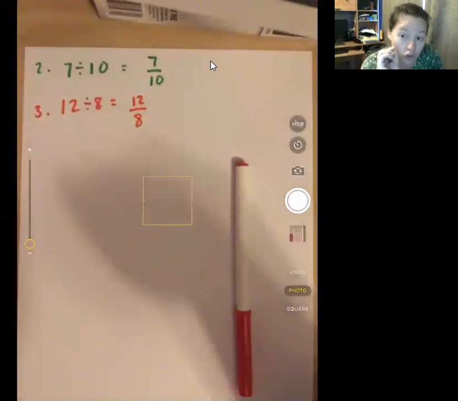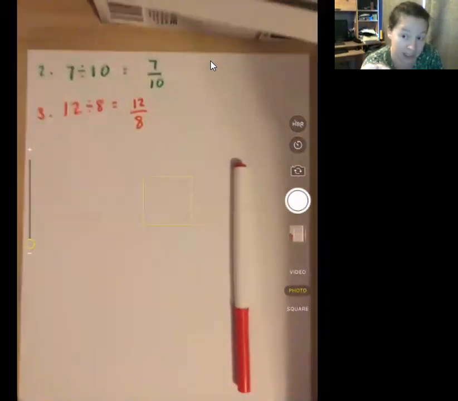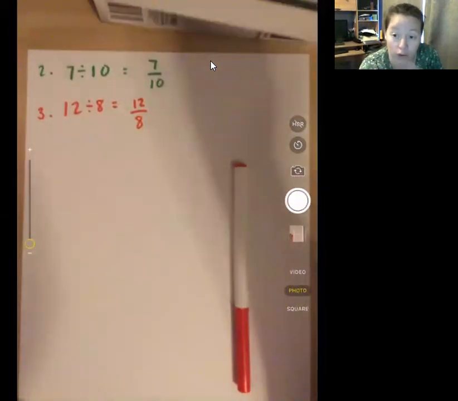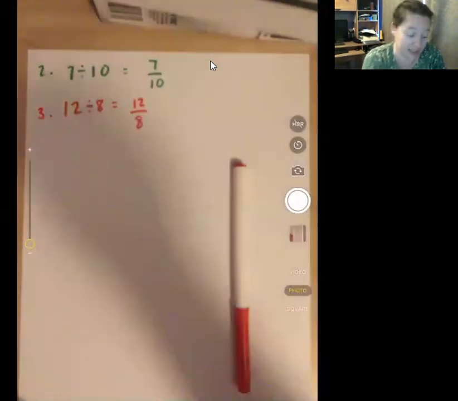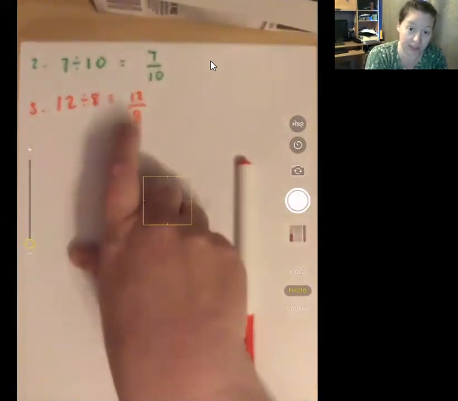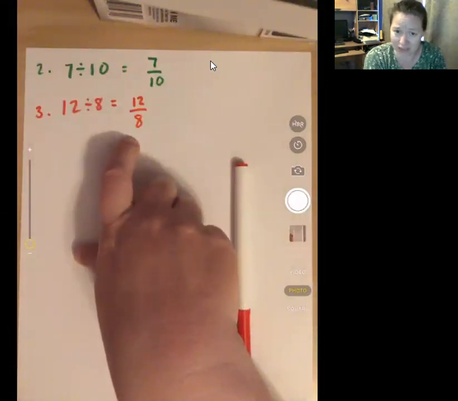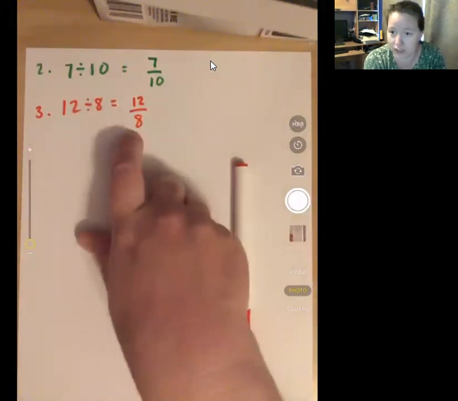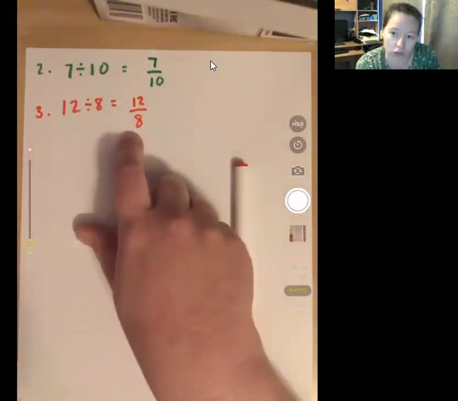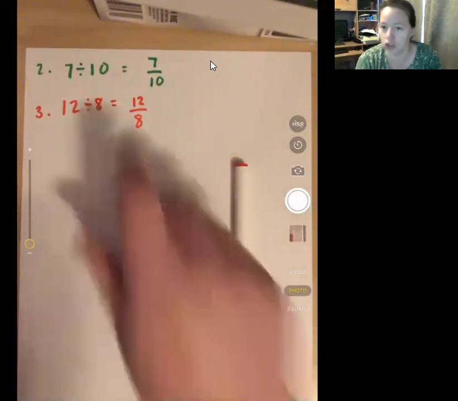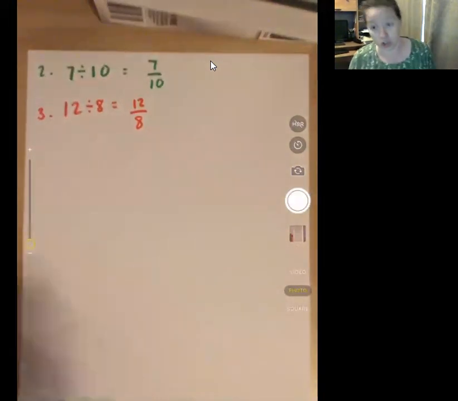You can either do straight up how many times does 8 go into 12, or you can divide down because this is not simplified. I have numbers that I can take out of this. They're both even for the first thing. I think it'll be easier for us in the long run if I just start taking out the 2's, so that's what I'm going to do to start with.